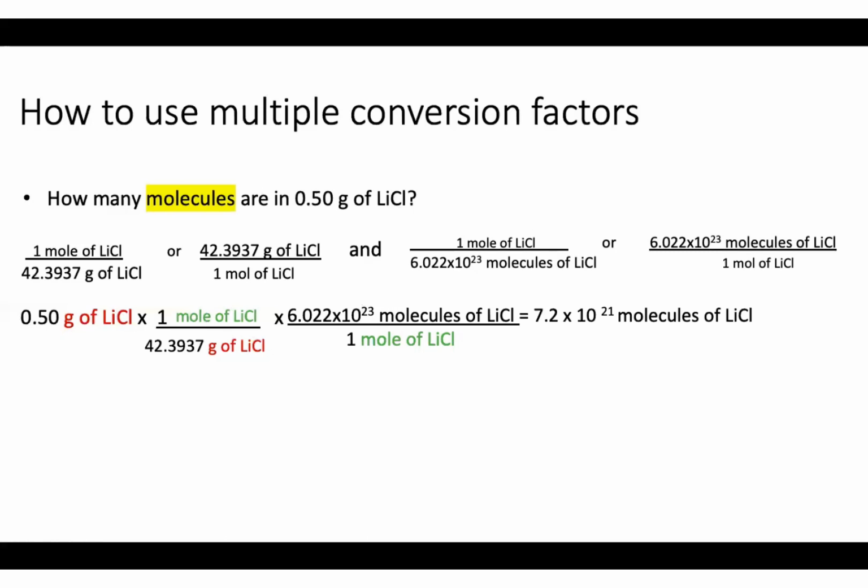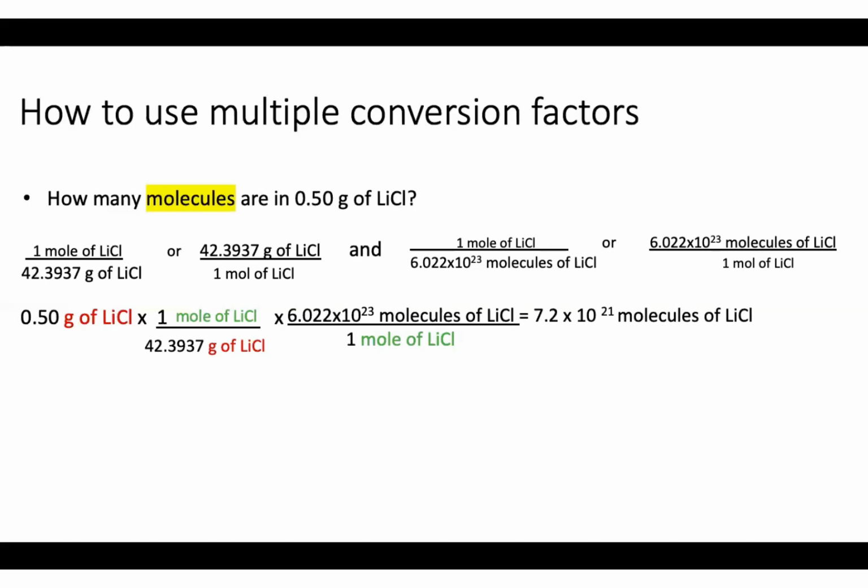Let's review a little bit what I said. Whenever you want to answer a question in mole calculations, first see if you have a compound or an element. If you have a compound, you should use conversion factors number 3 and 4. If you have an element, you should use conversion factors number 1 and 2.